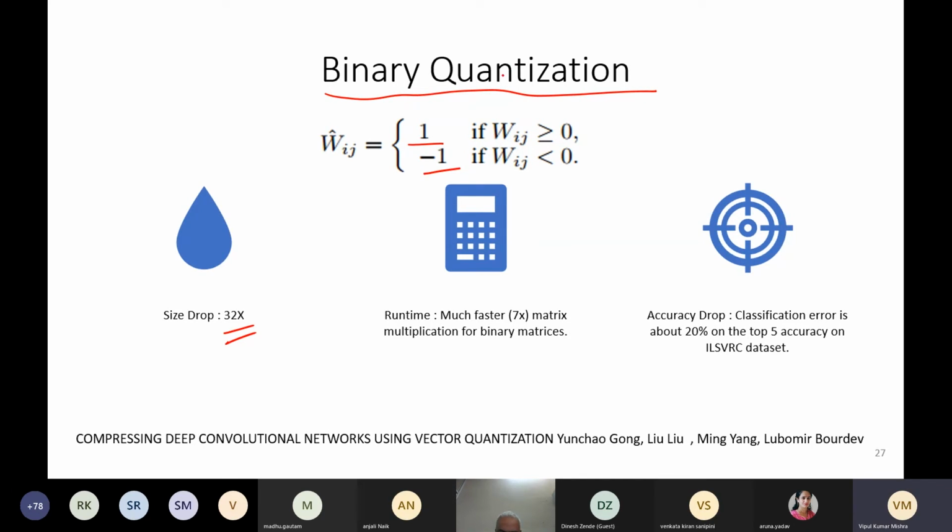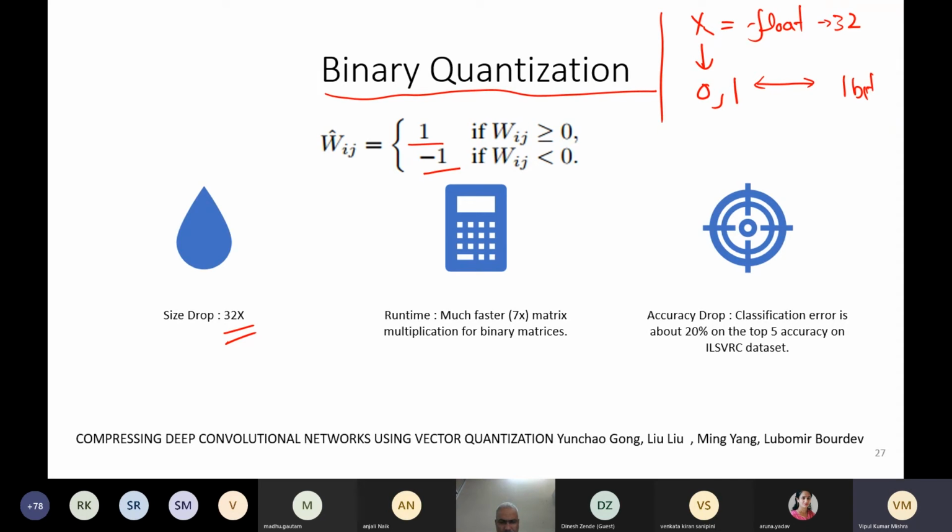Okay, let me give you an idea. Suppose I have a number x, and initially it is stored as a float value that has 32 bits. You can say the memory requirement is 32 bits. Now I converted this x into a binary number that has either 0 or 1. Then it requires only 1 bit to store.